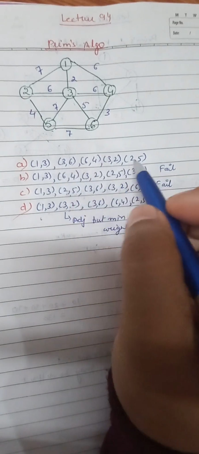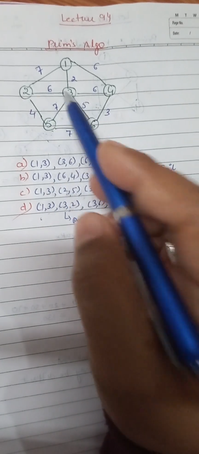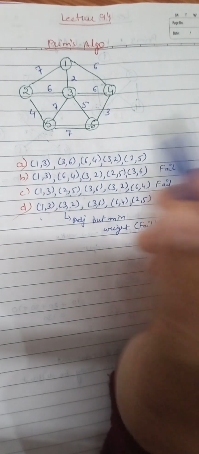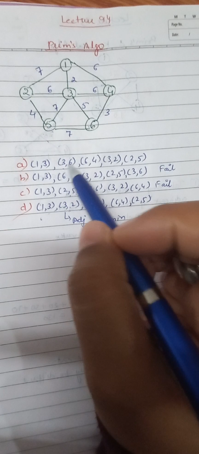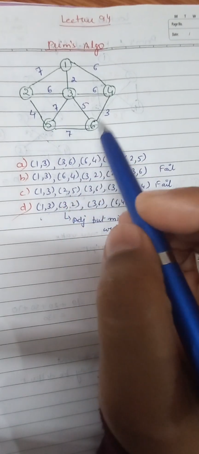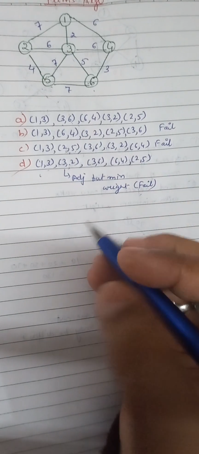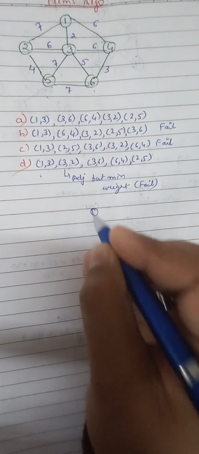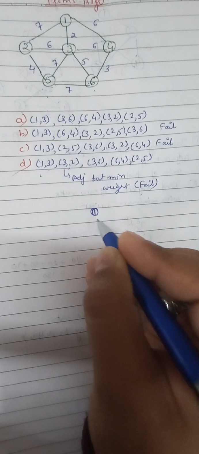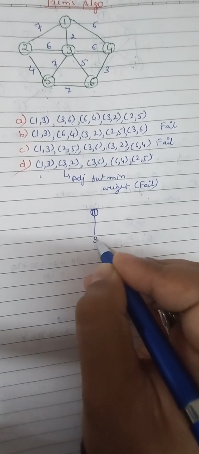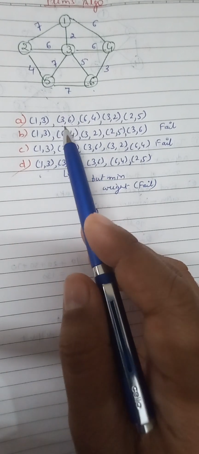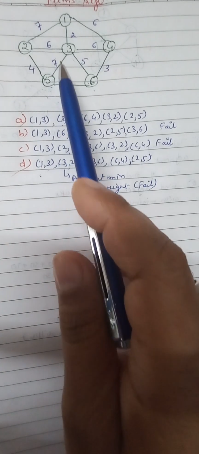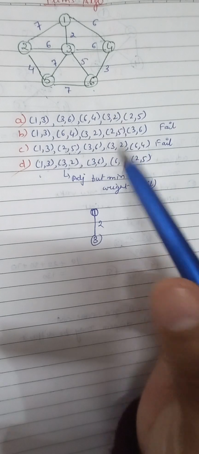Now we'll see whether this is all correct or not, because it should cover all the vertex with minimum weight. So 1, 3 is okay, then 3, 6 with minimum 5 weight. So we will make it here. First 1, 3 with 2 weight, and after that 3, 6, 5 weight.